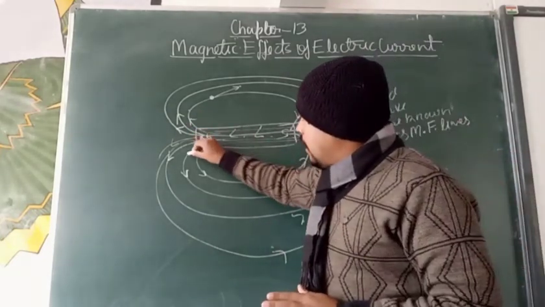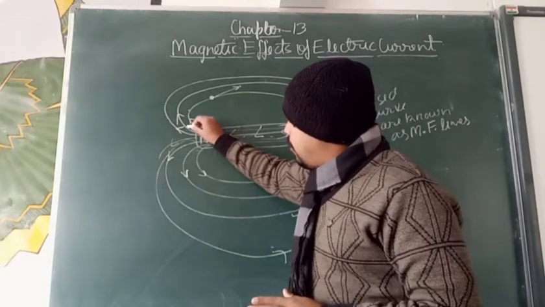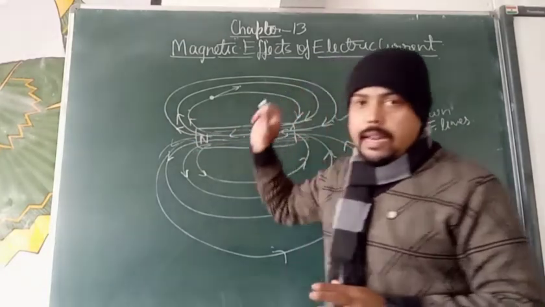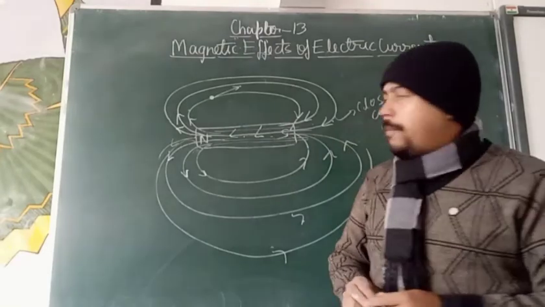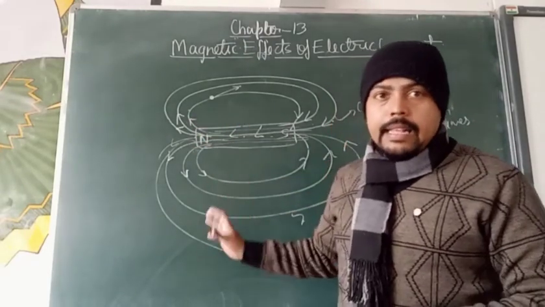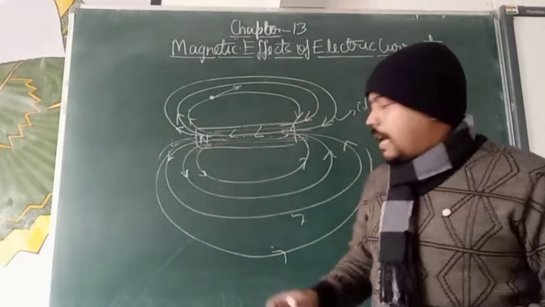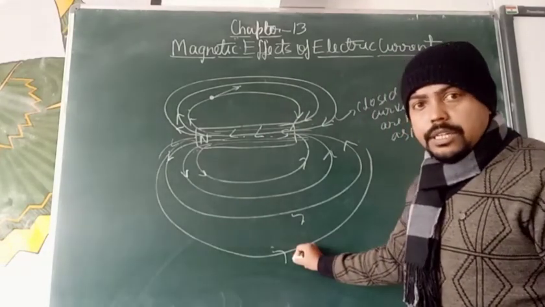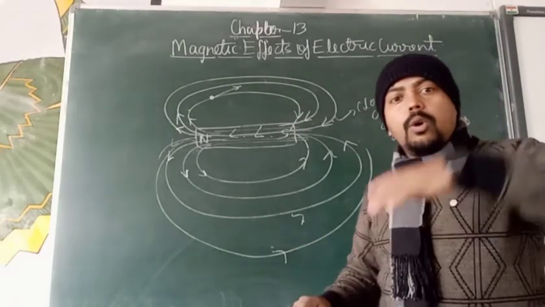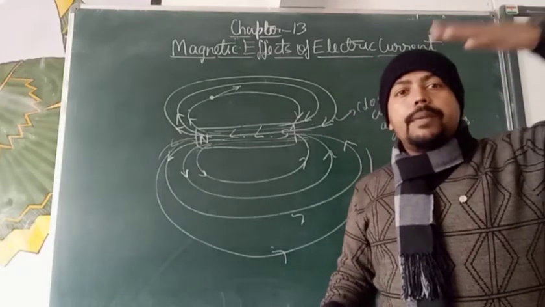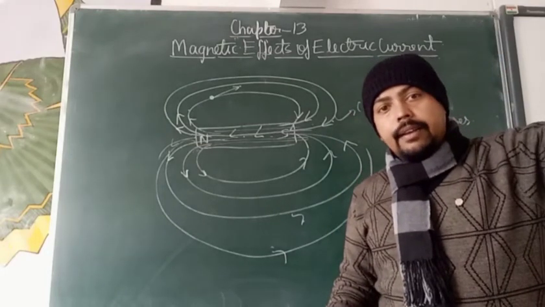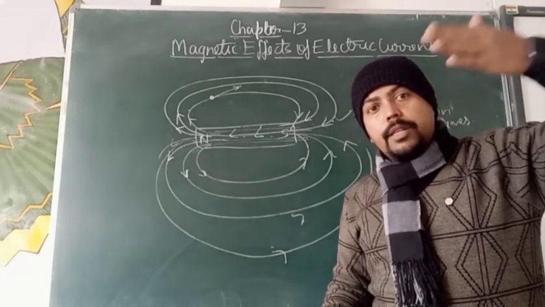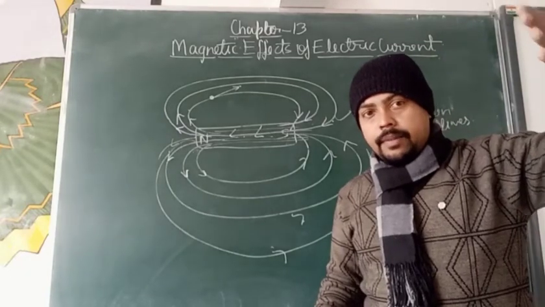So if I'm talking about any area near the pole, the number of lines passing will be more as compared to this region which is far away. So the more we go away from that magnet, the less will be the strength of that magnetic field, or the less will be the force of attraction of that magnet.